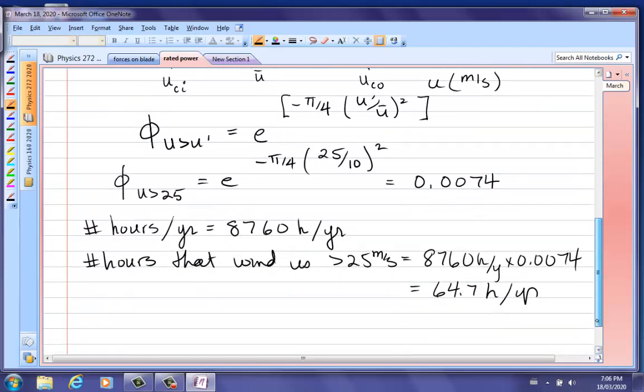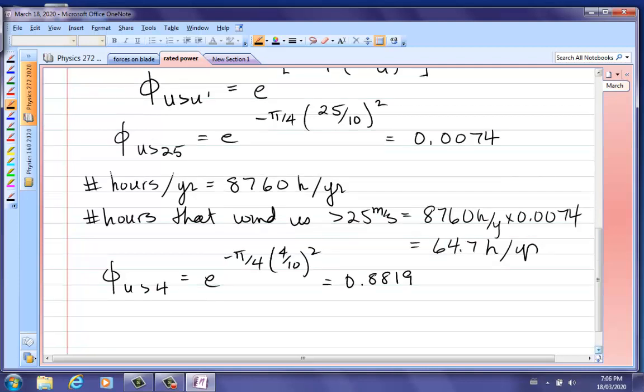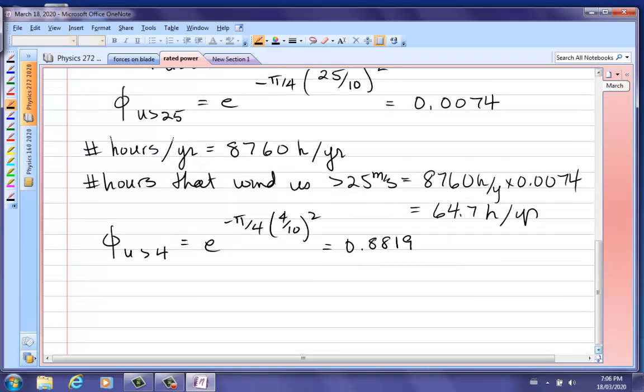So for greater than 4, the probability that the wind is greater than 4 meters per second, you just put 4 into that formula. e to the minus pi over 4, 4 over 10 squared, and you get quite a high probability. It's 0.8819. So 88.2% of the time the wind is greater than 4. So that means you're going to be able to use the turbine. There's no point in running it if the wind speed's less than 4, because that just wears out the bearings.